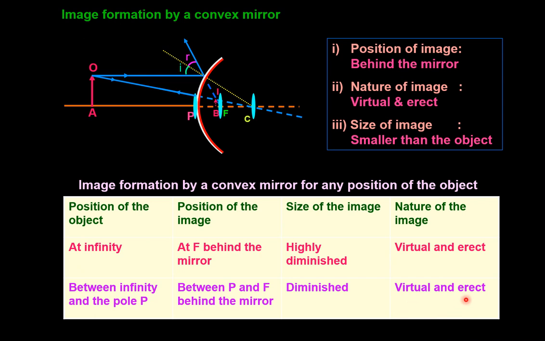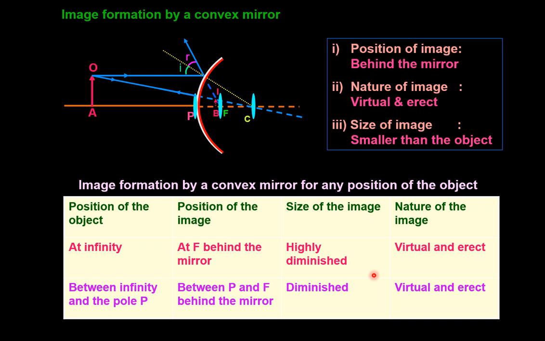Here an important point arises. Sometimes questions are asked from the image formation of convex mirror and concave mirror. How will they ask the question? I'm giving you two different questions. First question: which mirror shall we use to obtain a virtual, erect and magnified image of an object?